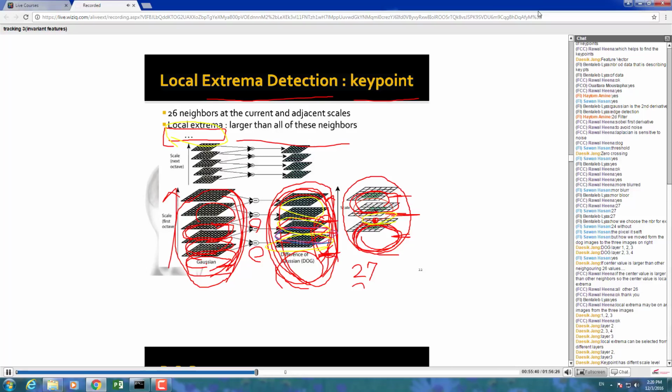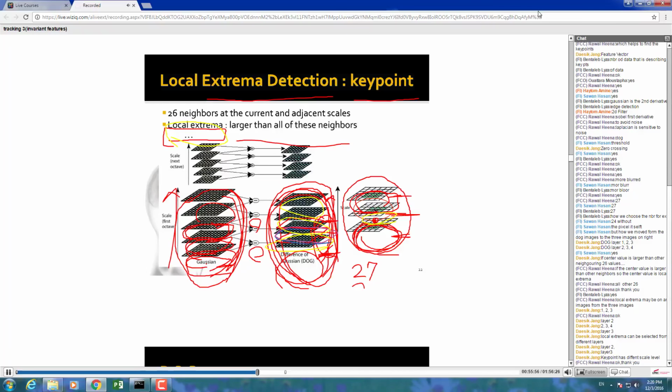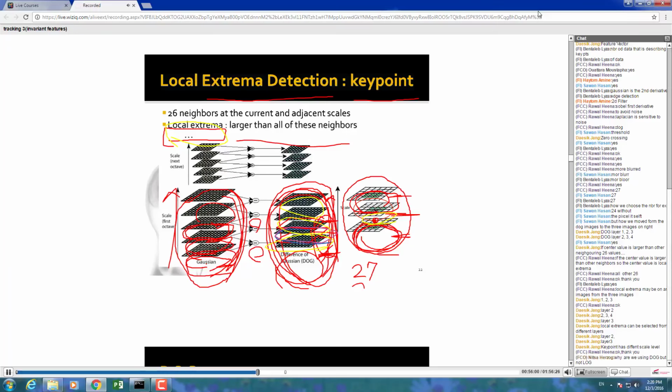In which scale were they detected? That is also a kind of extra information for the key point. So we have to store this layer number or scale level information together with every key point.